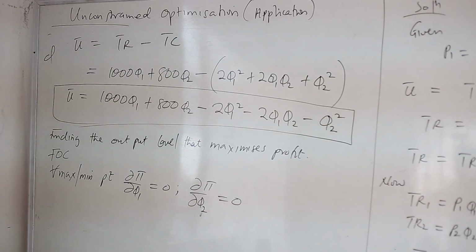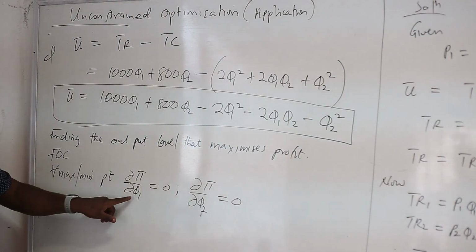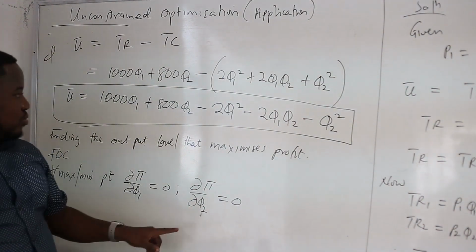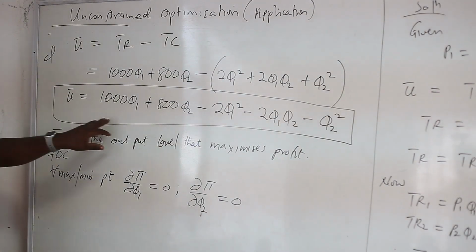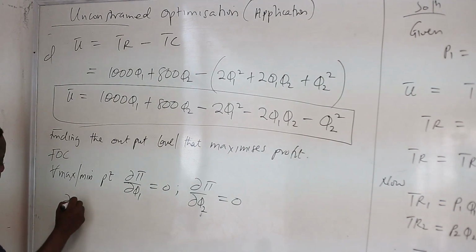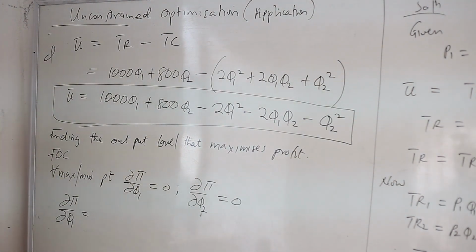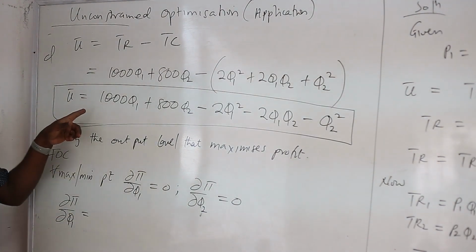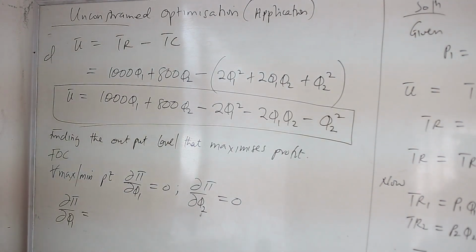So what you have to do is to find the partial of pi with respect to q1 and the partial of pi with respect to q2. So we'll do that one here. This is the function that we have to differentiate. So we are differentiating with respect to q1. So q2 is constant. Like the 3 examples I did, if you are not getting this, go back and see how I was differentiating.